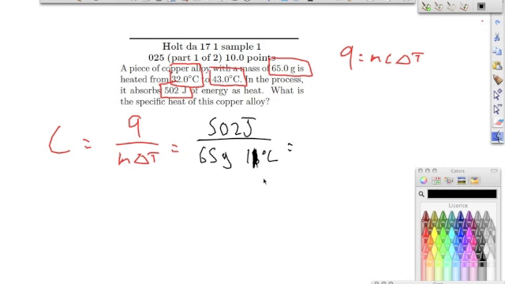We plug this into our equation, plug it into our calculator, and we get a specific heat value of 0.702098. And the unit for specific heat looks a little weird. It's joules per gram times Kelvin.